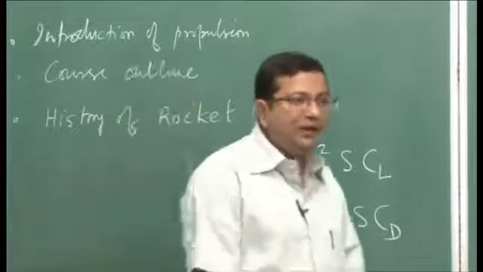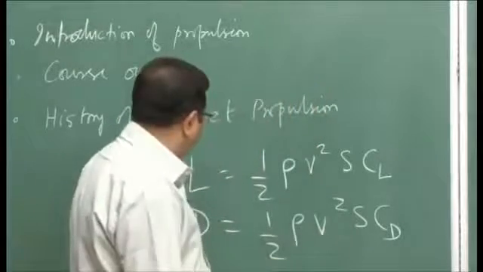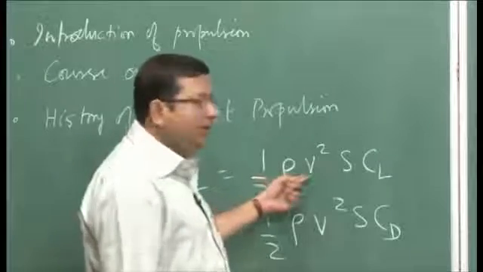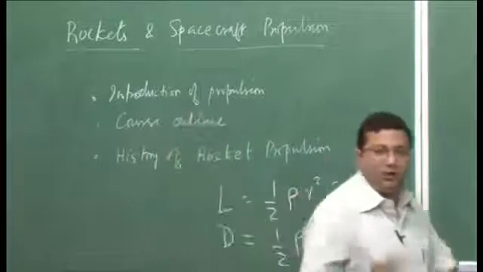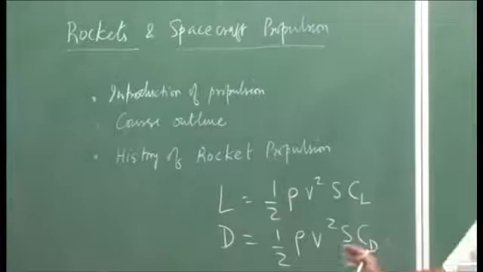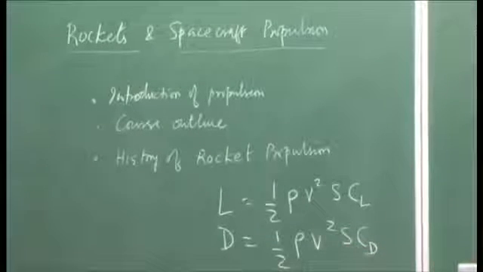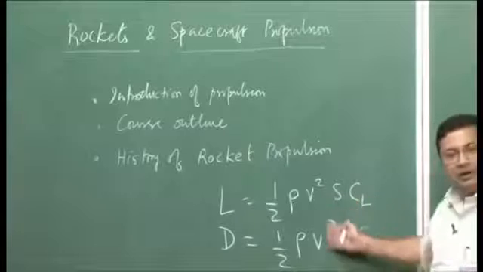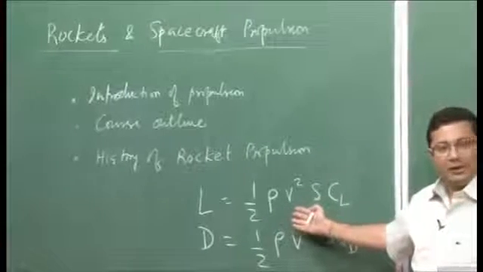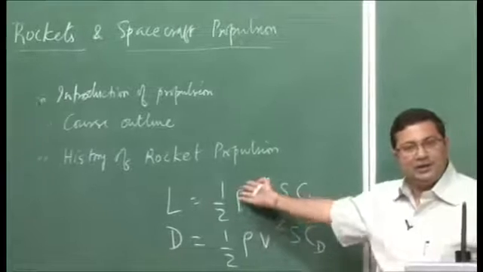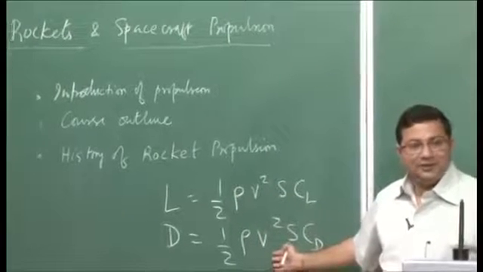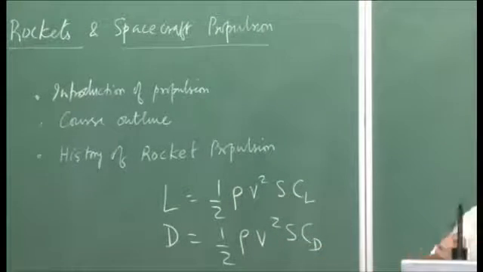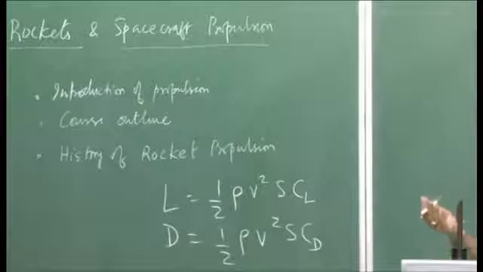Now, for applications in aerospace engineering, lift is something that is good, we want to produce lift, whereas drag is something that is bad, we want to reduce drag, because it is going to retard your vehicle. But both of them are dependent on v square. So, if we increase the speed, lift increases, but drag will also increase. So, there is a catch-22 situation in what we want to optimize.